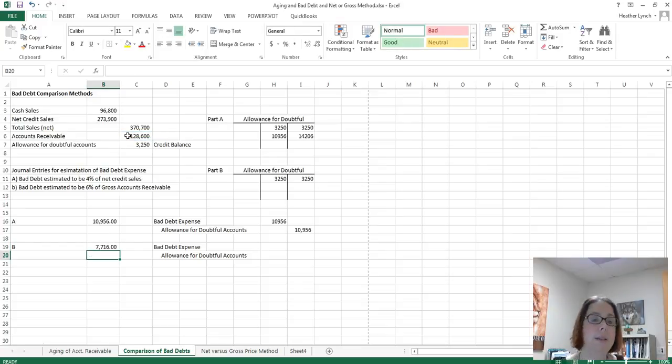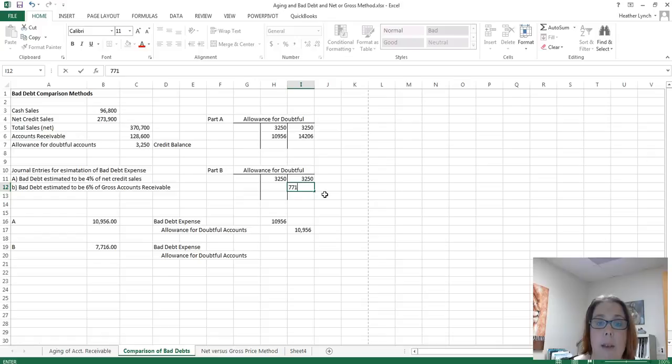So I have $7,716 of that $128,600 that I'm determining is uncollectible. Now, on our previous example, we talked about how we do care about the allowance for doubtful accounts. Same process here. We need the ending balance to be $7,716. That's what our end result needs to be.